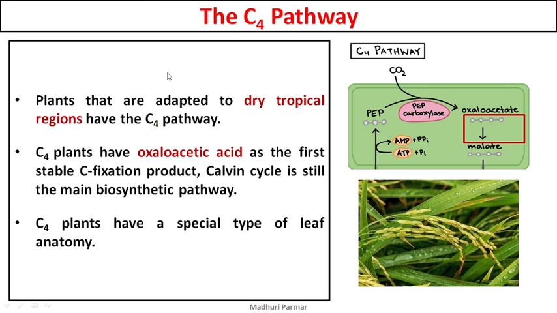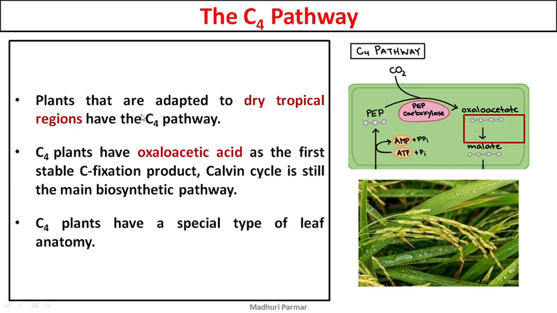The plants that are adapted to dry and tropical regions, meaning the humidity may also be high, and if not, then at least the temperatures are comparatively higher, have the C4 pathway. It is a comparatively recent pathway. It has evolved after the C3 pathway.